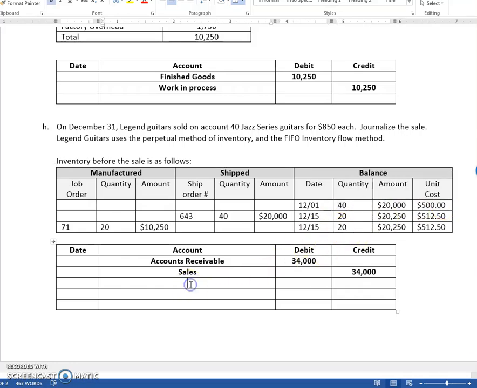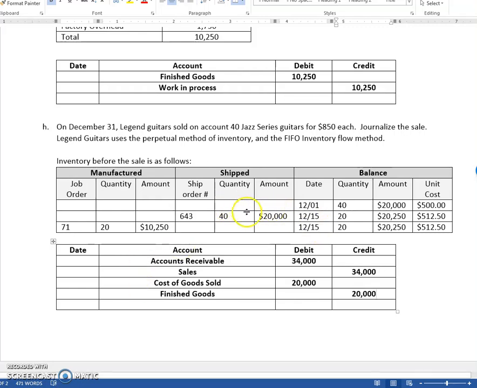So when I go to sell these, I'm going to take those out of my inventory and put them into my cost of goods sold so that I can match that expense in the same period that I made this sale right here. So it'll be 40 times $500 each, which is $20,000. And I need to take that out of my finished goods because it has now been sold.